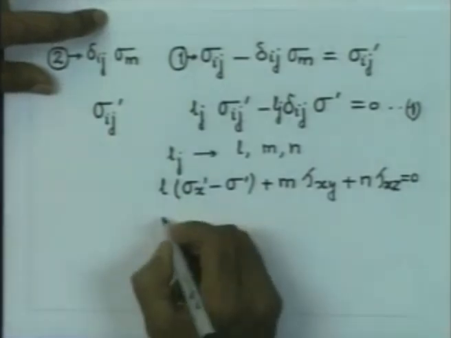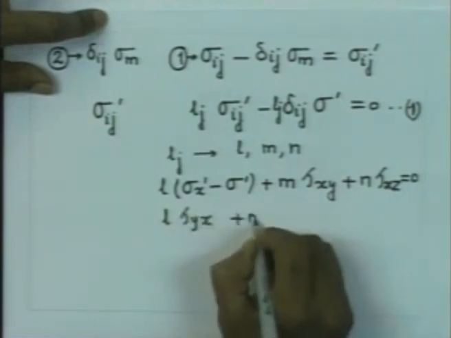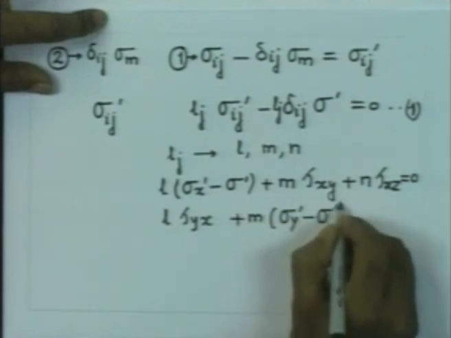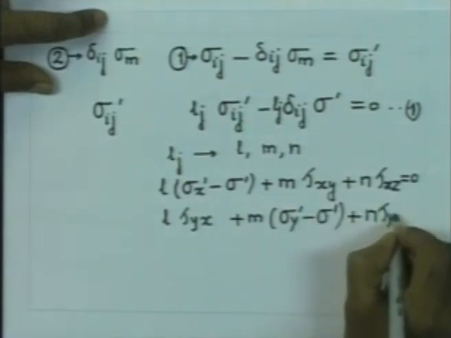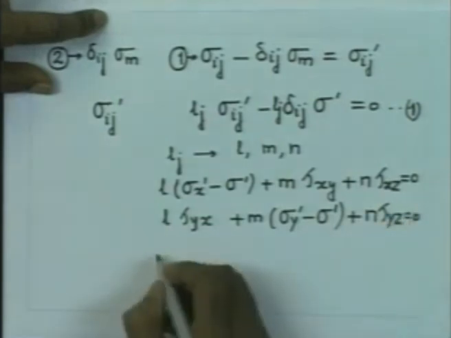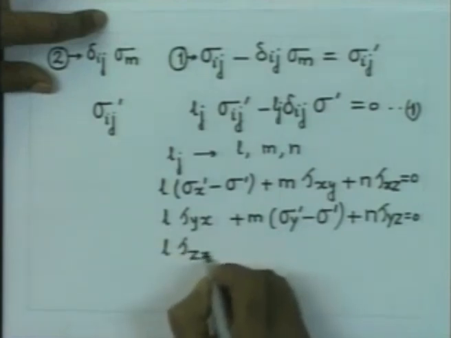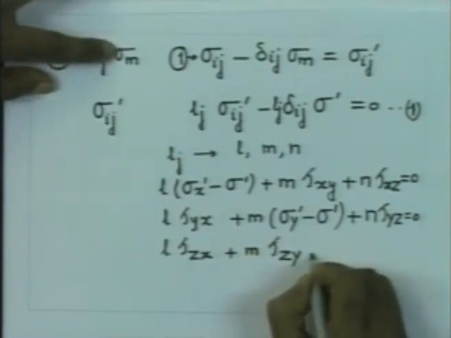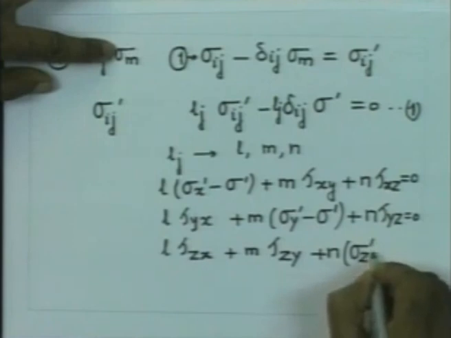Similarly, we will have l into tau yx plus m into sigma y dash minus sigma dash plus n into tau yz equal to 0, and the third equation is l into tau zx plus m into tau zy plus n into sigma z dash minus sigma dash equal to 0.